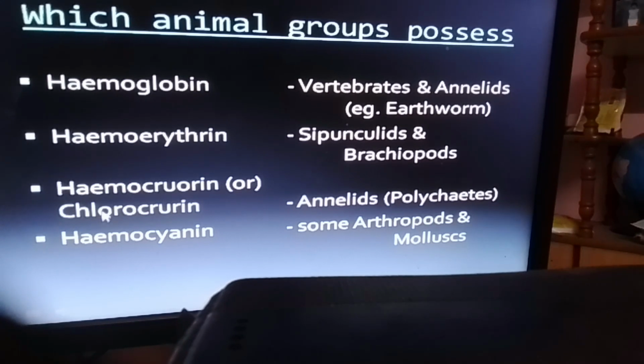And chlorocruorin or hemochlorine is available with the annelids, particularly polychaetes. Now hemoglobin is with the oligochaeta. Earthworm belongs to the group Oligochaeta, class Oligochaeta.